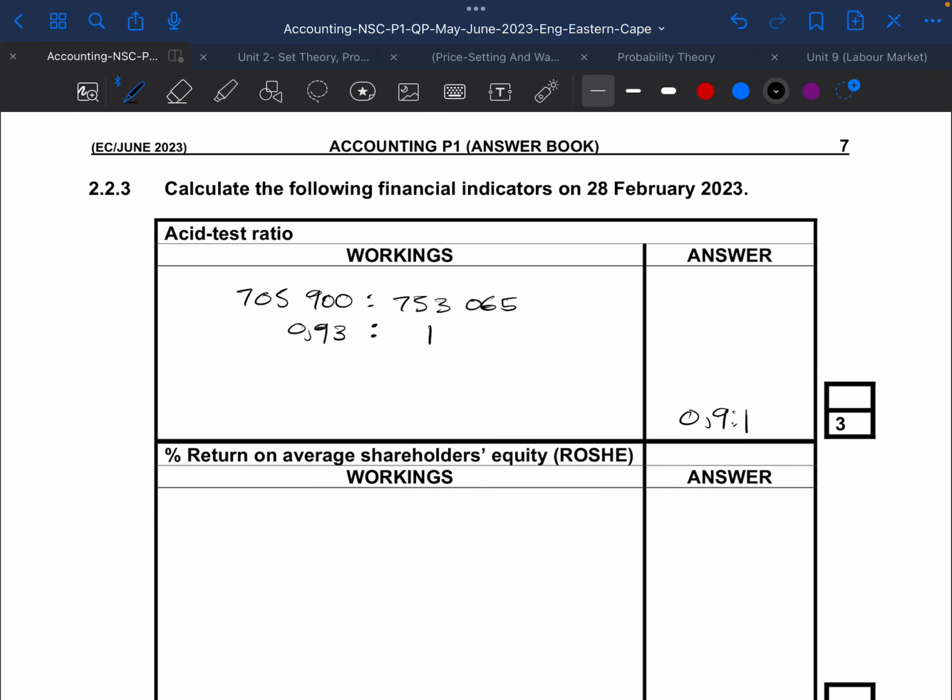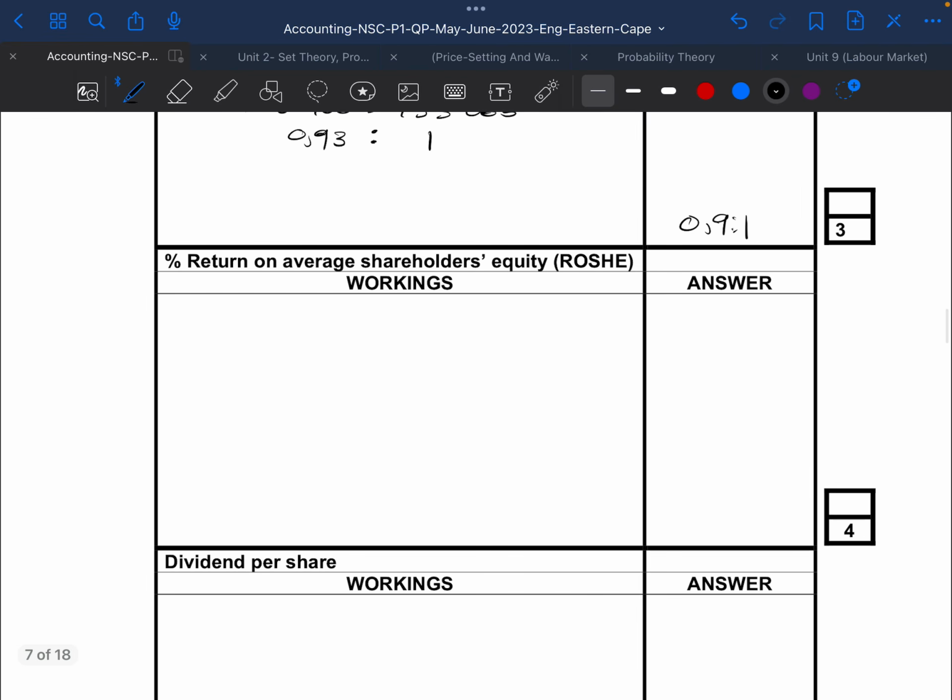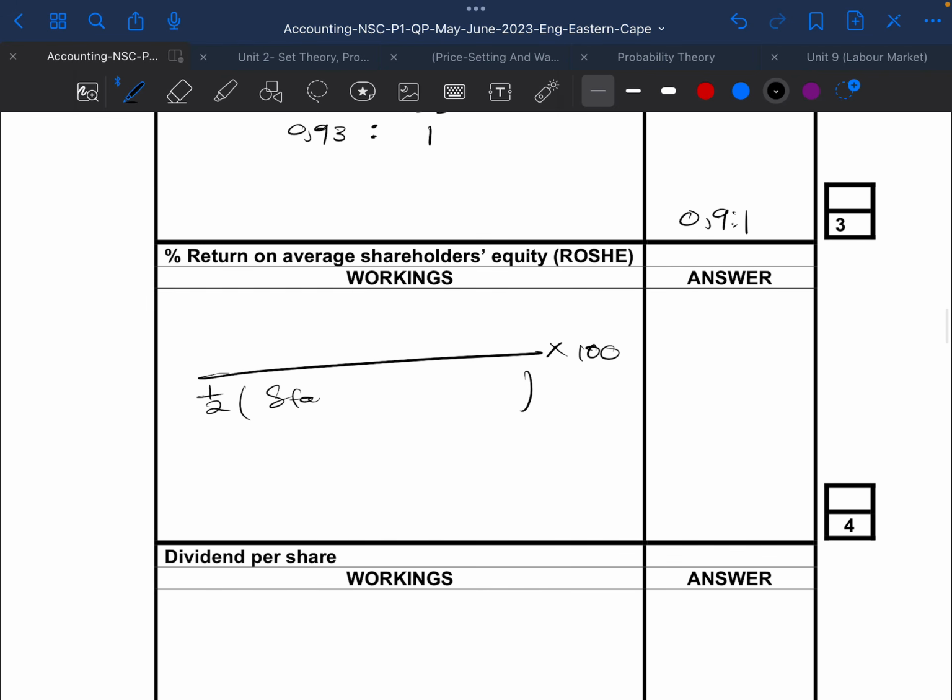0.93. Then our return on average shareholders equity, you know, you have this at first, you have 100, and then you have a half here. Here you have two amounts, at start plus at end.